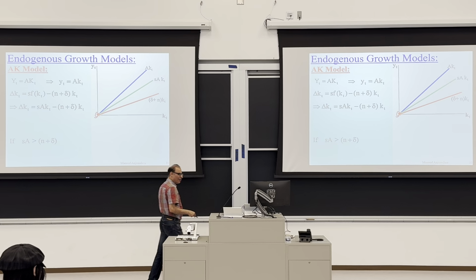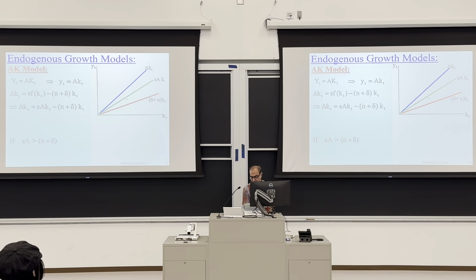Okay? So suppose your economy is here. If your economy is here, what happens? Your economy is growing forever. Why? You see, because inflow of capital is more than outflow of capital. Inflow minus outflow. So it means the economy is growing forever.